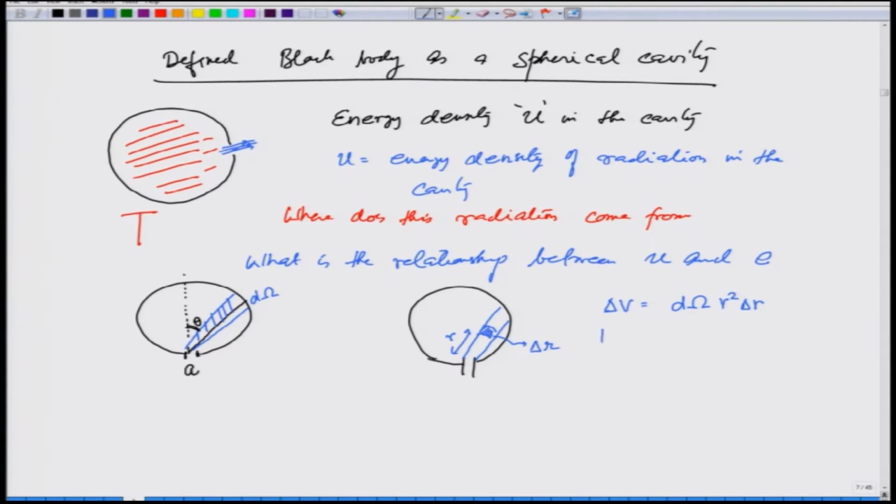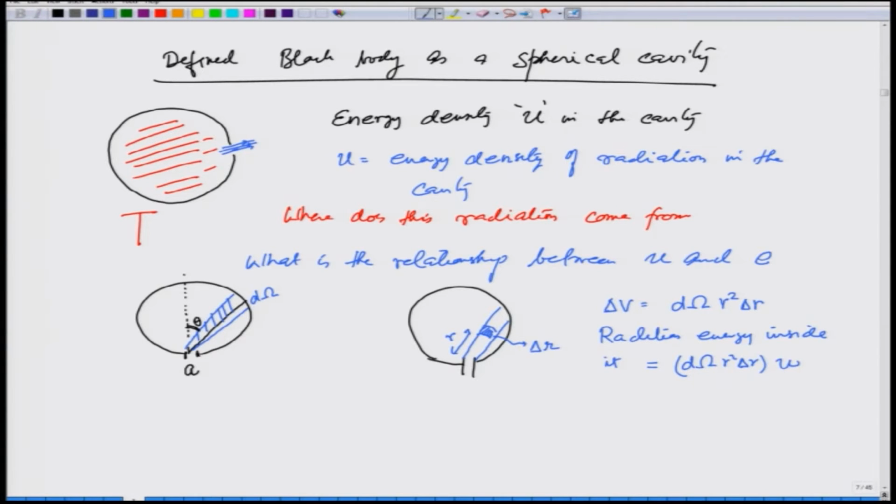The radiation energy inside it is equal to d omega r square delta r times u.